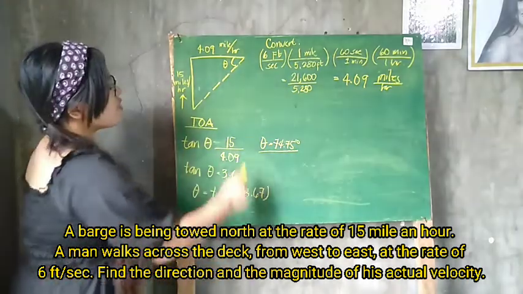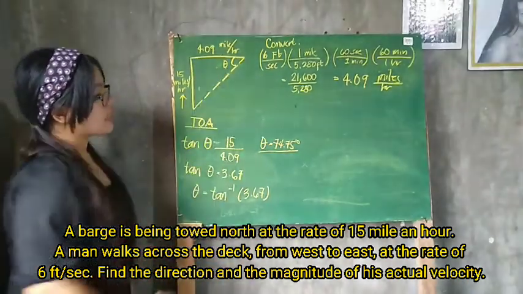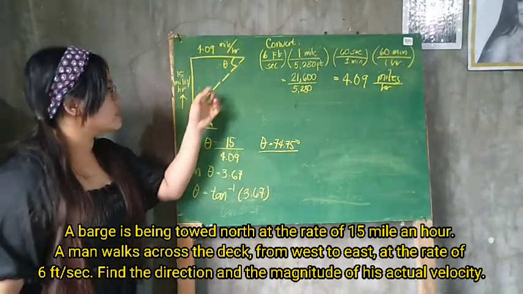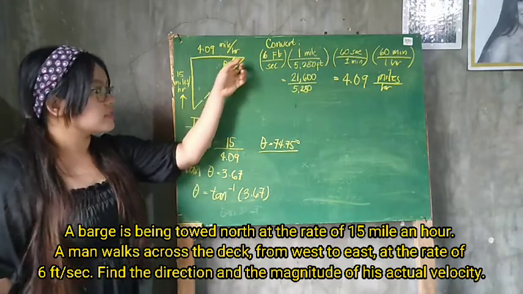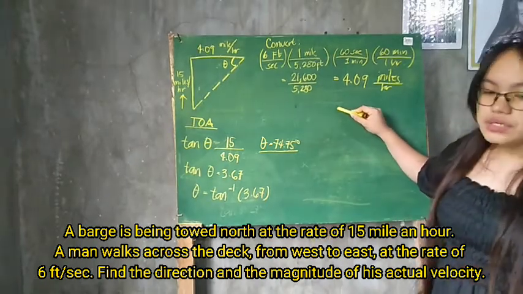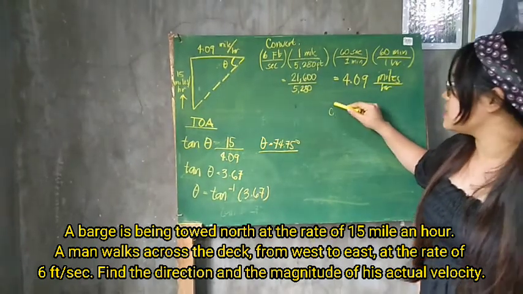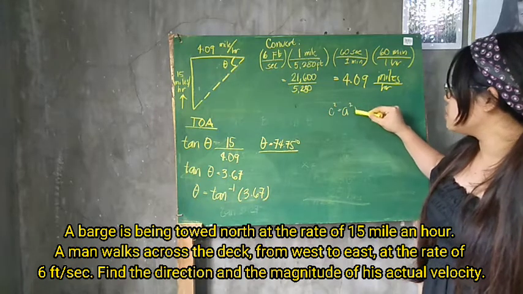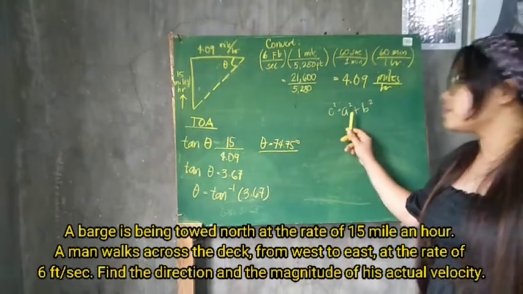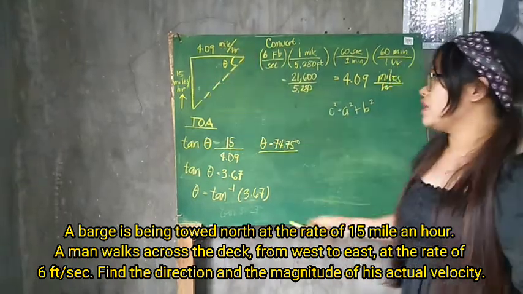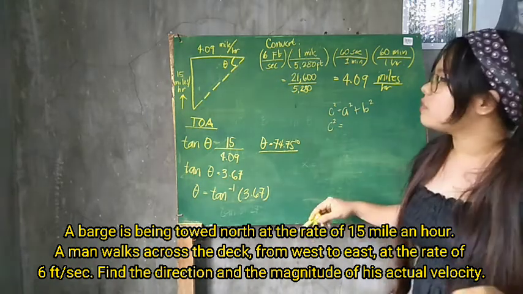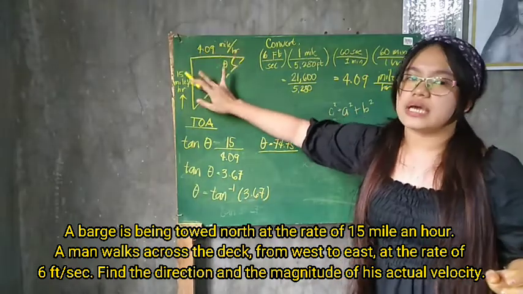So we already solved the theta, or the direction. Next we have to find the magnitude. We are going to use the Pythagorean theorem, which is c squared equals a squared plus b squared. Our c squared is the hypotenuse, and a squared and b squared are the sides of the triangle. It depends on you which side you assign to a.